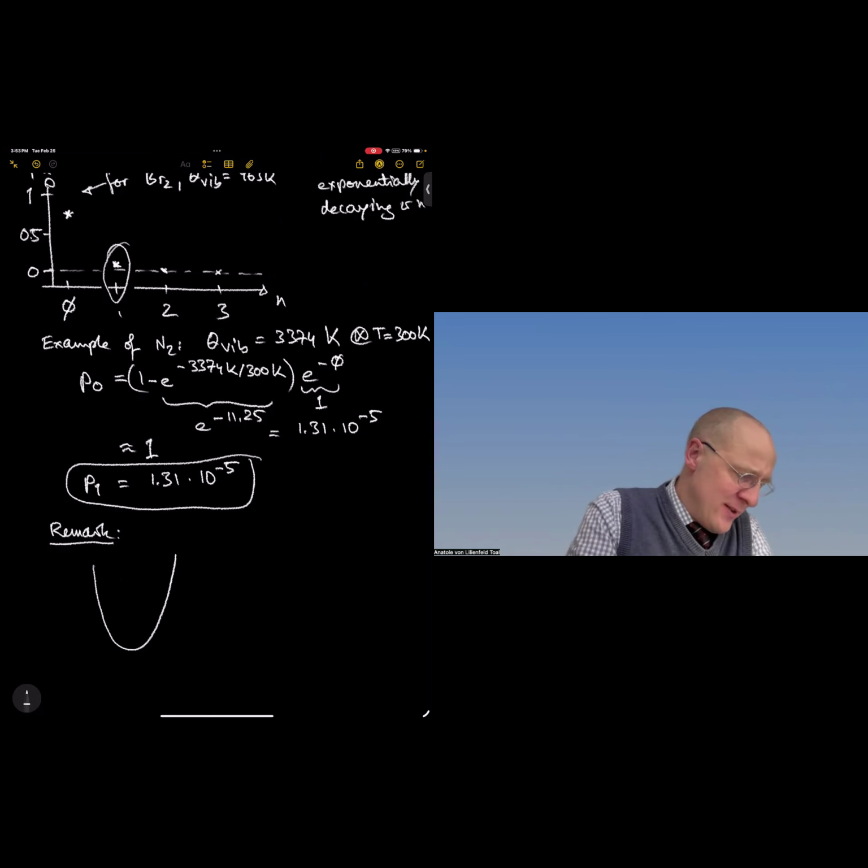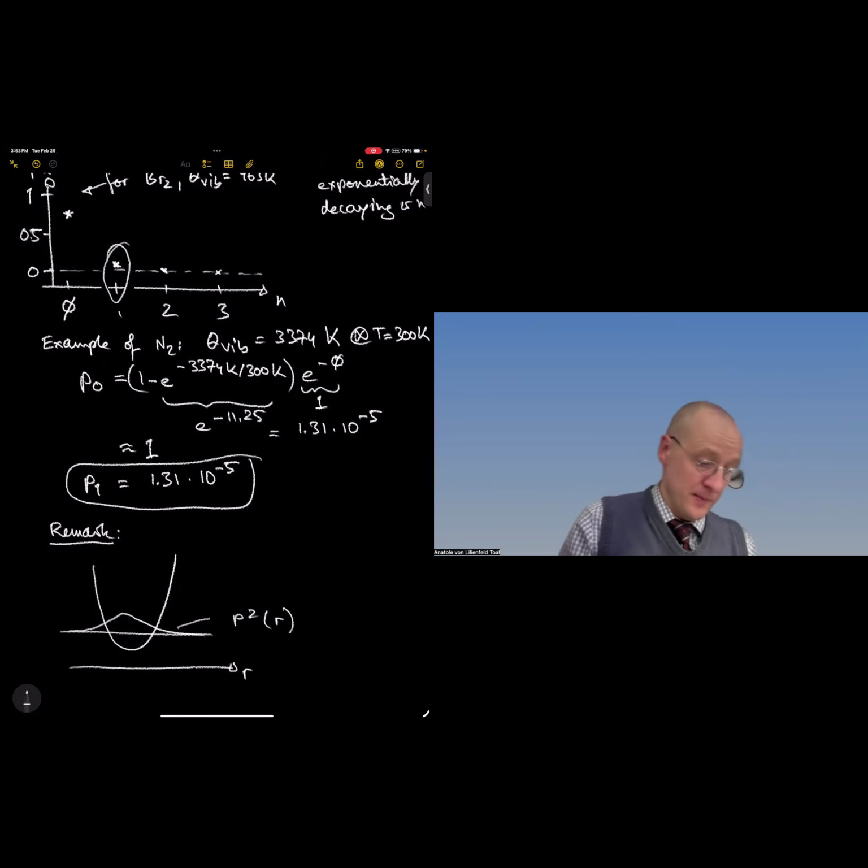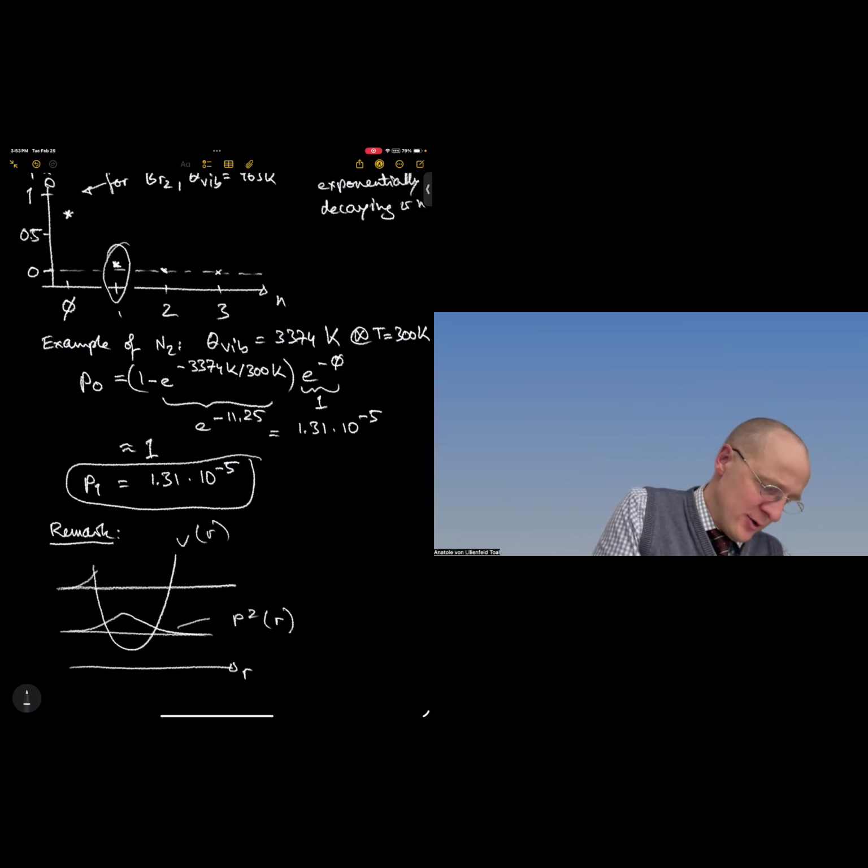We can imagine this. And you know the solutions from Schrödinger's equation, and I'm now plotting the probability density of that solution. Okay, and this is your potential, the parabolic potential, and your next state, as you know, should look like this.